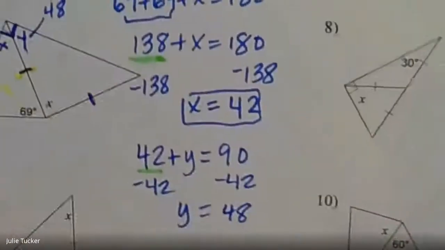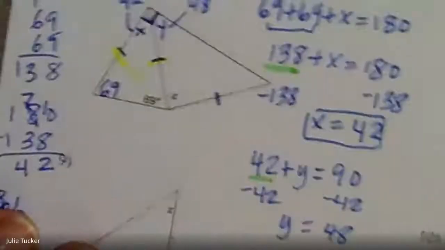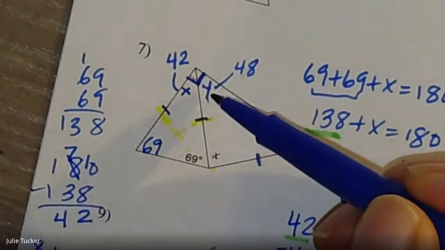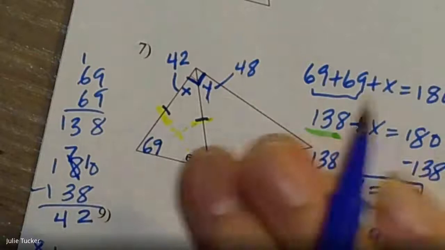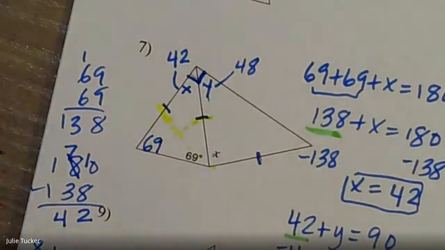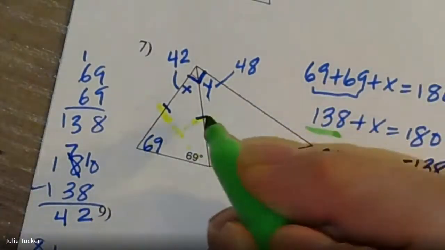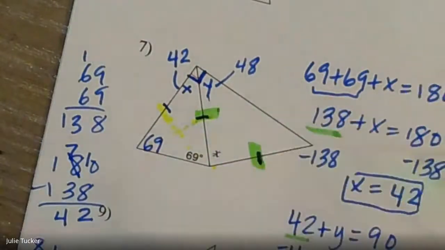Okay, so now let me put the whole triangles where you can see them. So I have a 48 here, and now I'm trying to work on this triangle on the side. So now I'm going to look at, let me change colors with my highlighters. Now I'm going to look at these two sides being the same.